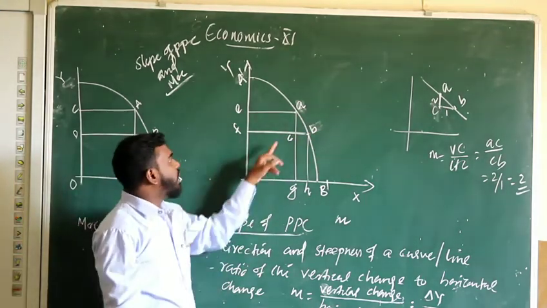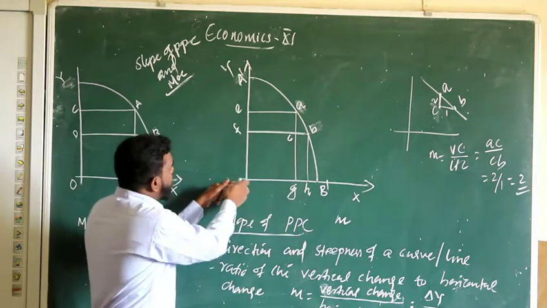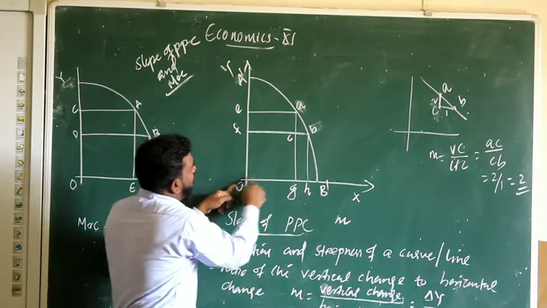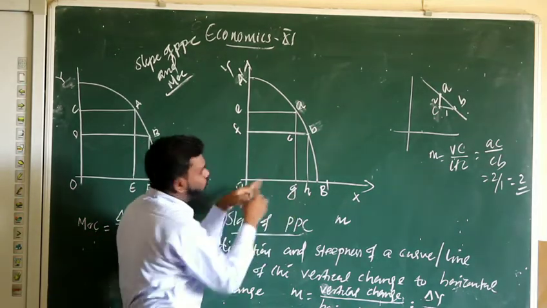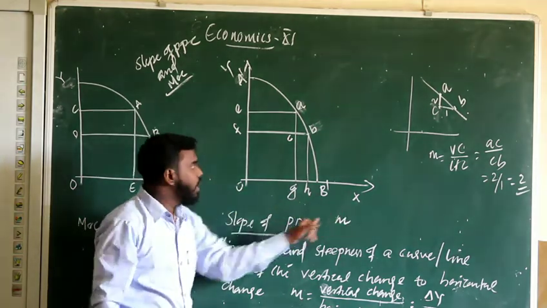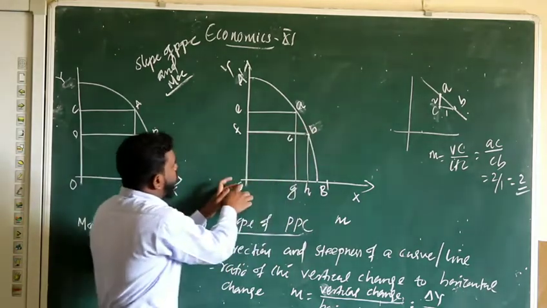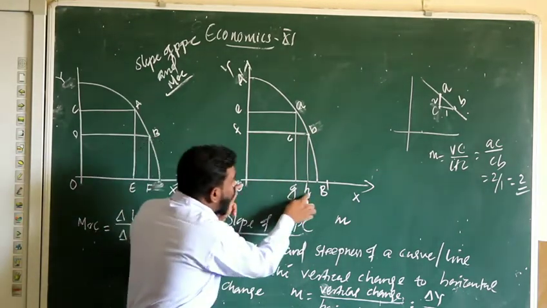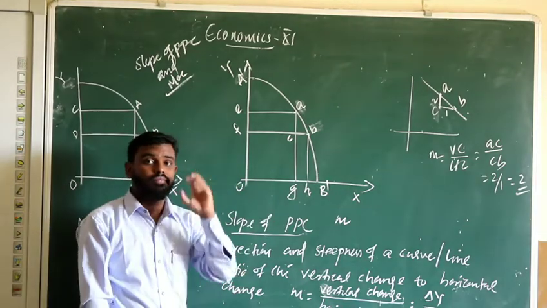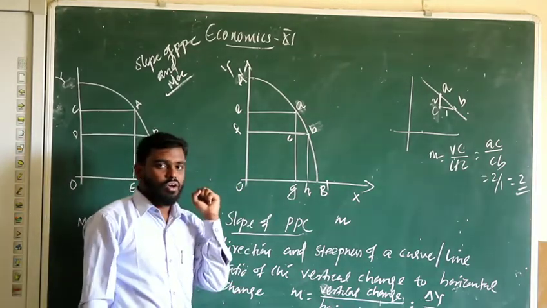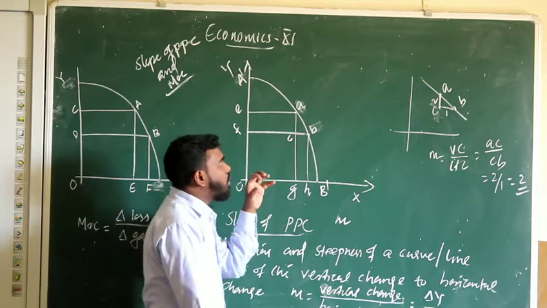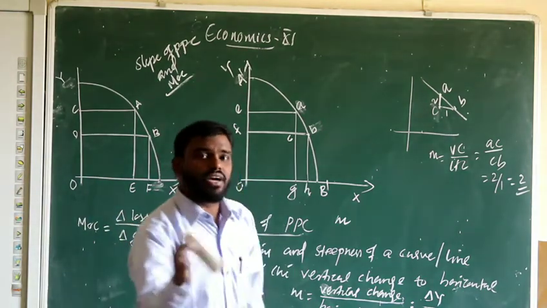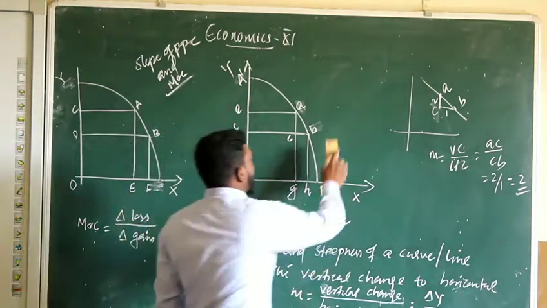Okay, so at point A, the economy is producing OE amount of commodity Y and OG amount of commodity X. And at point B, the economy is producing OF amount of commodity Y and OH amount of commodity X. Now we need to measure the slope of this production possibility curve.